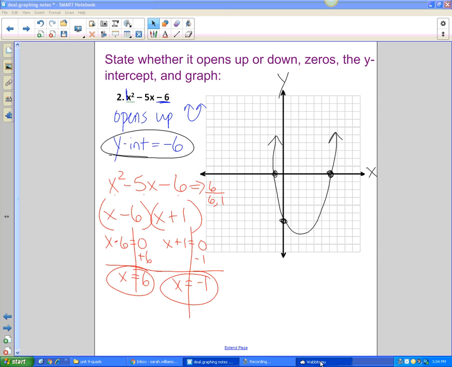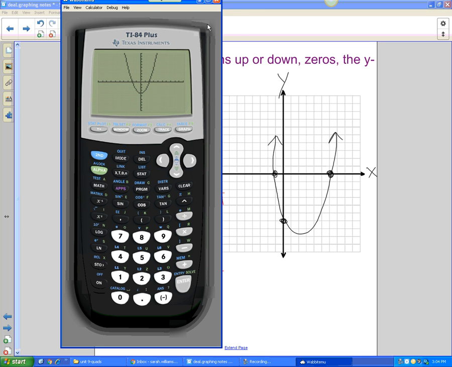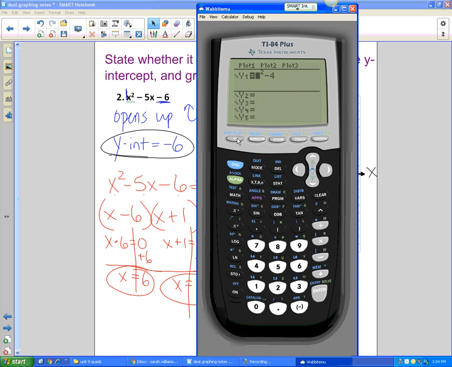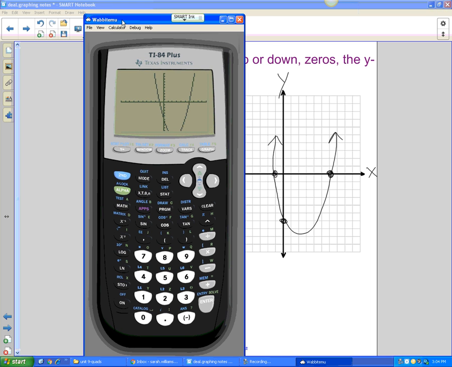And let's put it in the calculator and see what we get. So I'm going to go to the y equals and type in x squared minus 5x minus 6 and hit graph. And you'll see that the calculator picture looks very similar to ours.